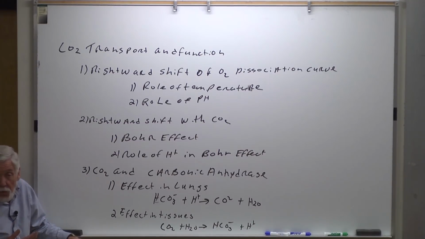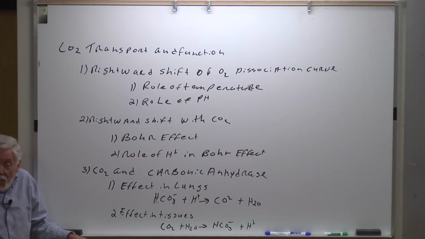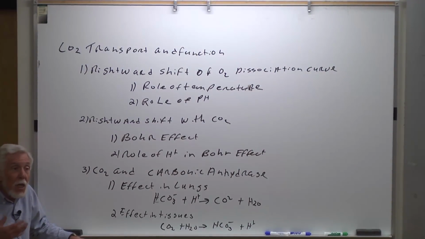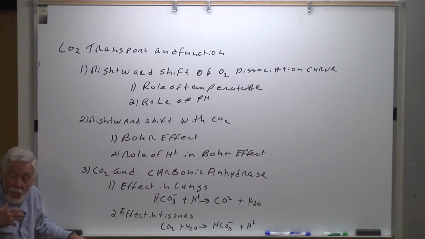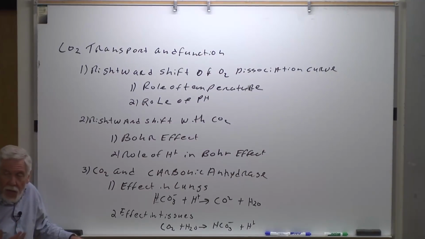A rightward shift said that the hemoglobin had lost some of its affinity for the oxygen, and the oxygen was more likely to leave the iron in the hemoglobin. We thought of that intuitively when we described how if we increase the heat, if we increase the temperature, then that vibrational energy is going to signal the oxygen to be shed from the iron atoms.